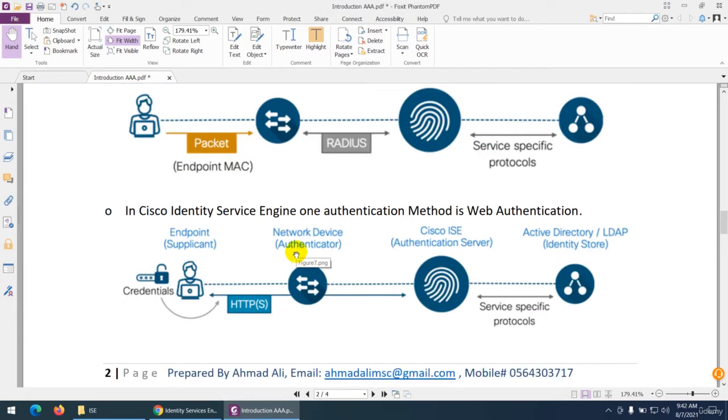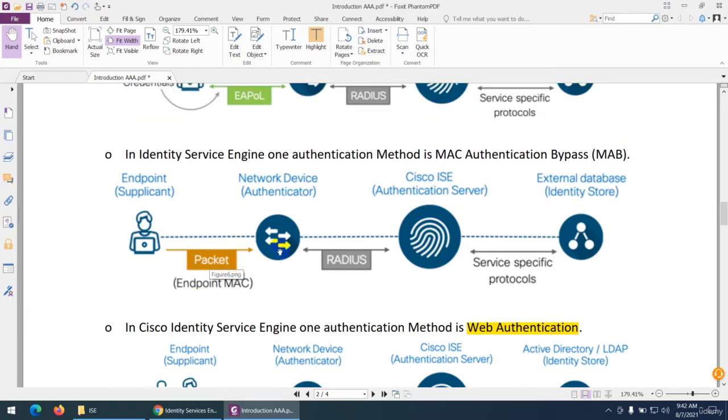Then there is another method of authentication in Cisco ISE, which is web authentication. And there are many methods of web authentication. You need to put your credentials through HTTP and HTTPS. It will go to the switch. The switch will send them to ISE, and ISE will send them to Active Directory or whatever external identity store, to check if it is okay, then it will provide you access.